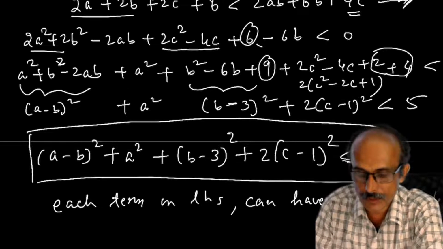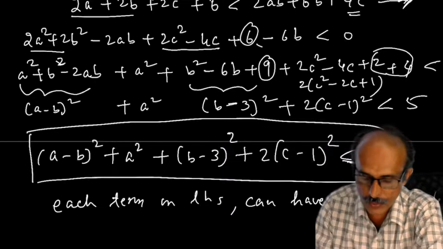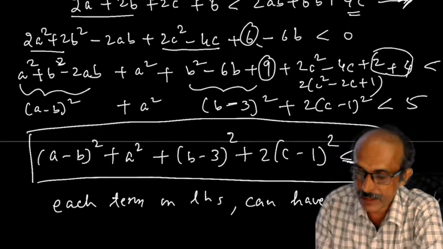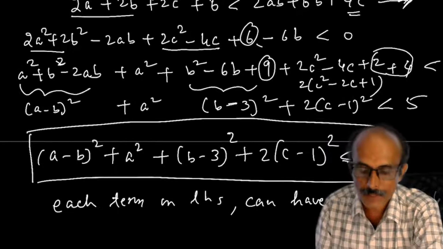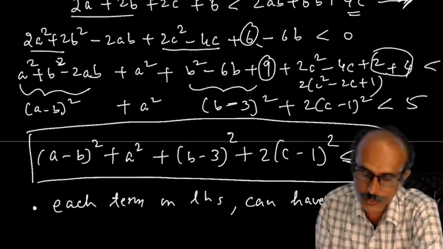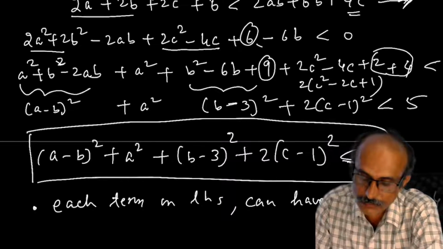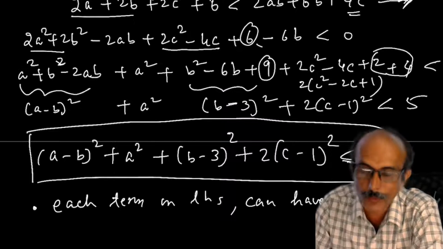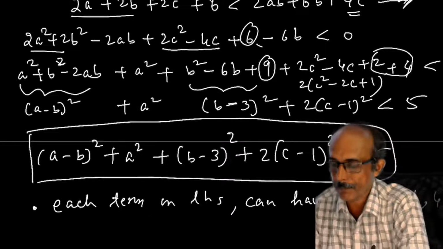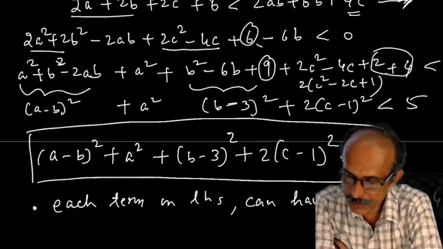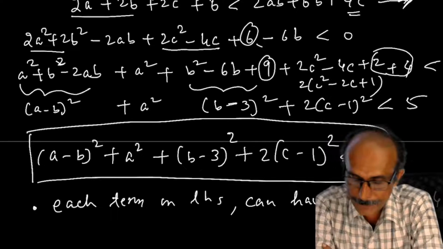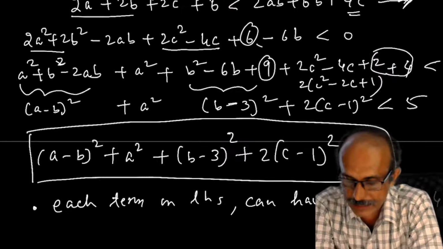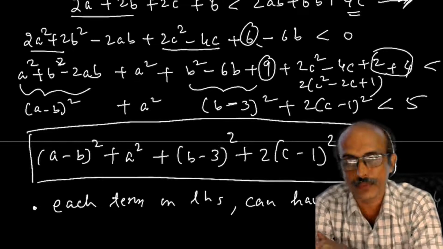We are not allowing fractional values. So each term on LHS can have values 0, 1, 4. This is an important observation to develop our goal. So you see that each term on LHS can have only values 0, 1, 4.